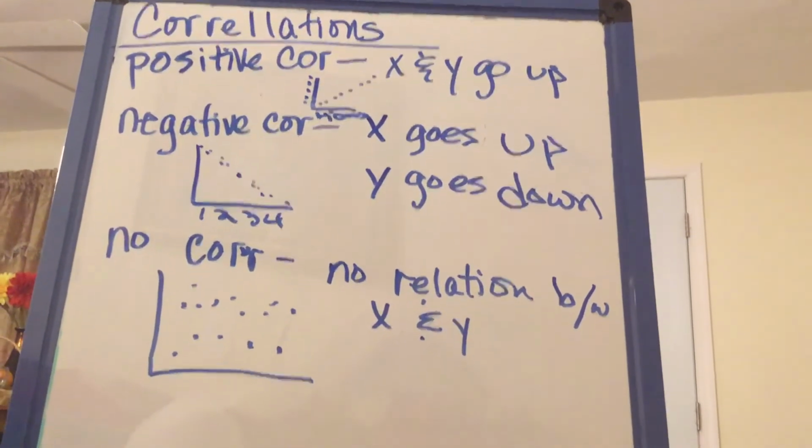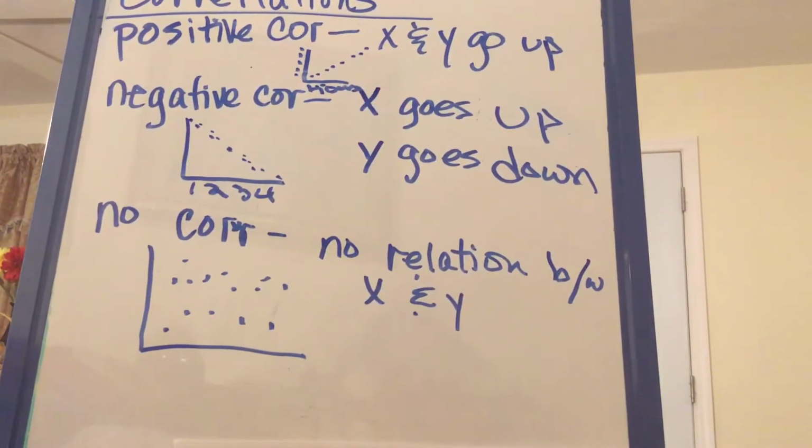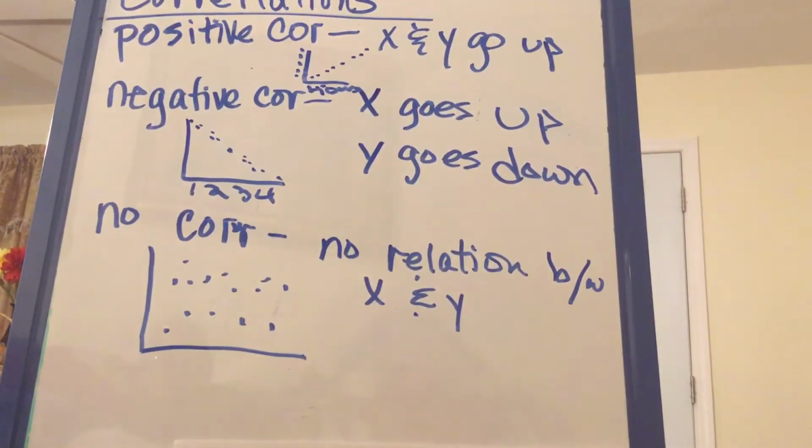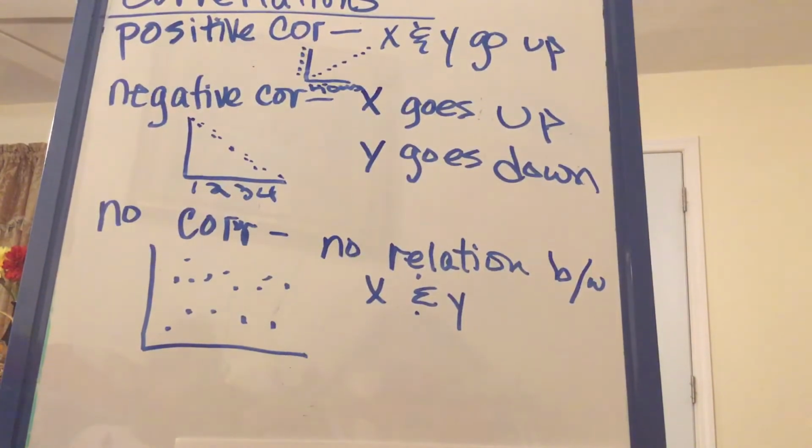That's what you need to know about correlations in order to do this problem, because it says the teacher is assessing, so she's trying to figure out what the correlation is. A positive correlation is where your x values go up and your y values go up in the same intervals.